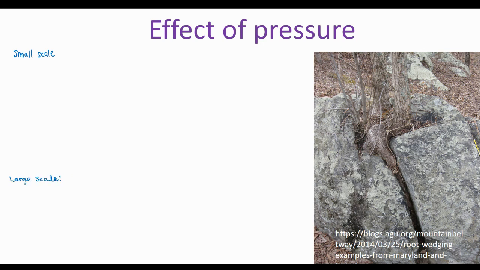So we have the small scale picture here in this picture. So on a small scale, we have plant or tree roots, like in this picture. They get wedged in the cracks of rocks, in rock layers.